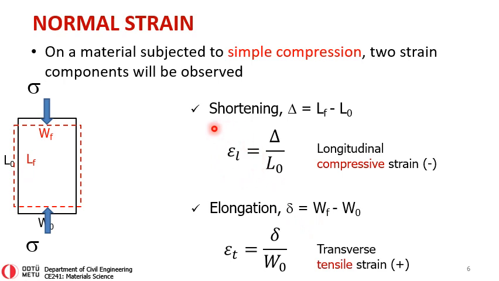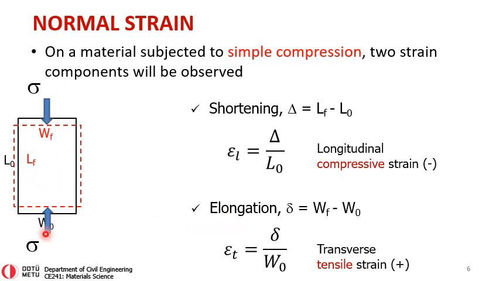The longitudinal strain will be calculated as delta, which is going to be a shortening this time, because the final length, the red one, is smaller than the original length, L0. So indicating that this is a longitudinal compressive strain.